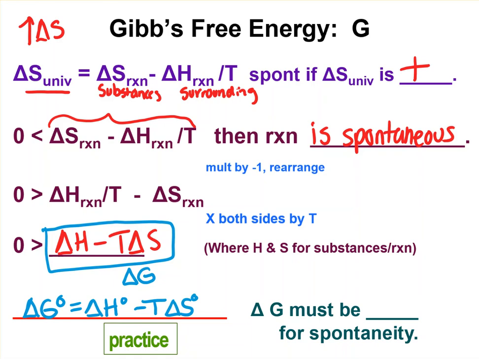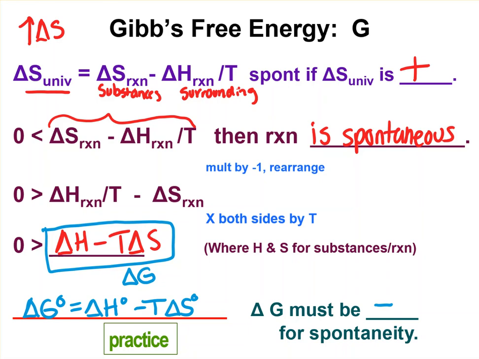And so if we look at this last equation, we flipped the sign because we multiplied by -1. So we need this part to be less than 0. So change in Gibbs free energy must be negative for spontaneity. And so this is the test we will use to decide if a reaction is spontaneous or not.